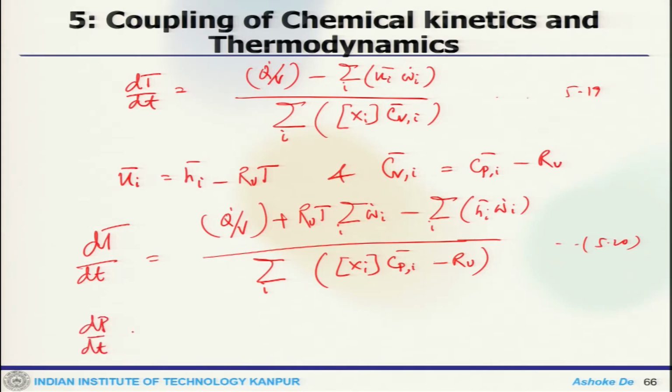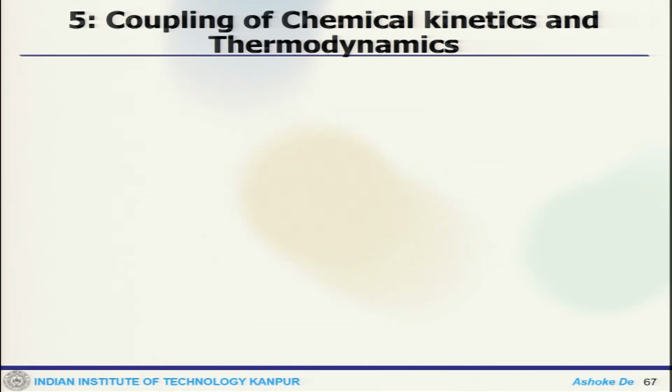And here dP/dt is quite important. This is important for this V equals constant case, because for the P constant case that term disappeared. In this case it will not disappear and that would be quite important.